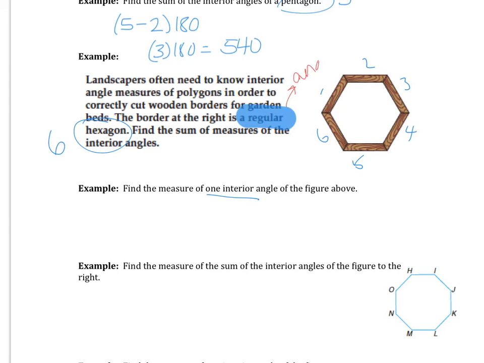This means the angles are congruent. So first let's find the measure of all of the angles. We're going to use our formula, n minus 2 times 180. So 6 minus 2 times 180. This is 4 times 180. So all of the angles in the hexagon add up to 720.